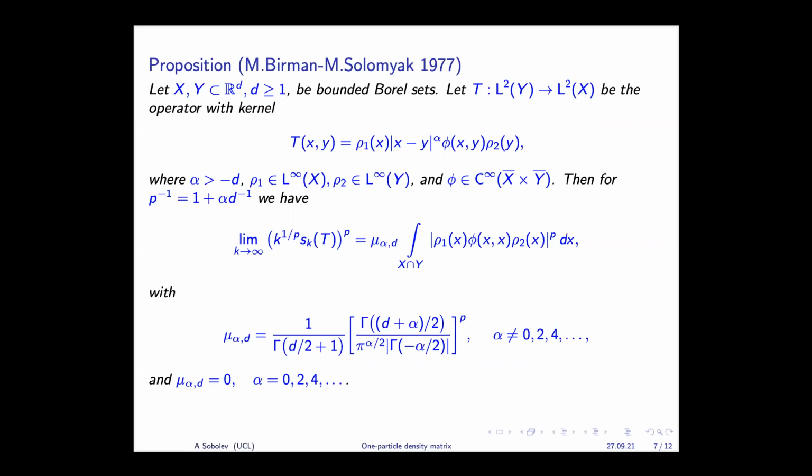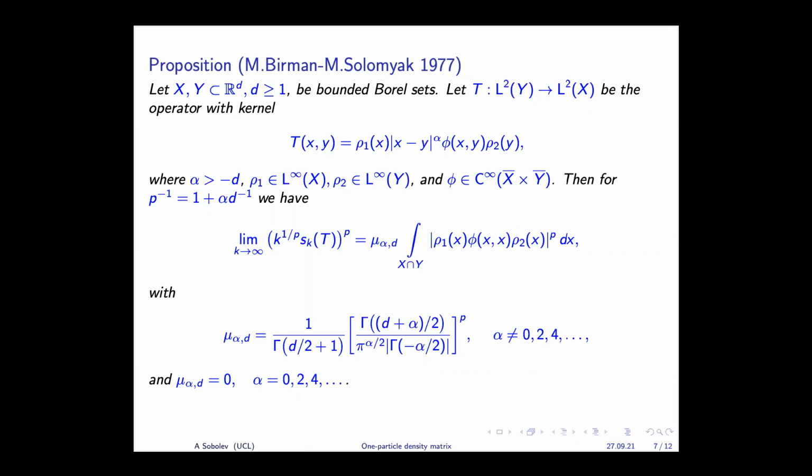Important proposition. So let's take two sets. Think about X and Y as two cubes. It doesn't matter, I wrote it for arbitrary bounded sets. Actually, we can think about the same cube, so the operator acts from L2 on the cube into L2 on the same cube.